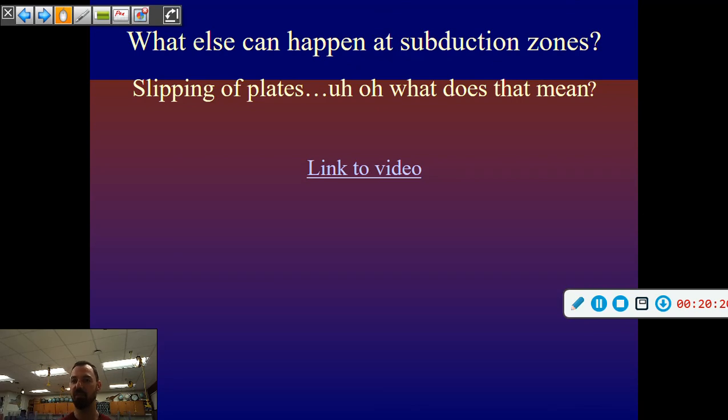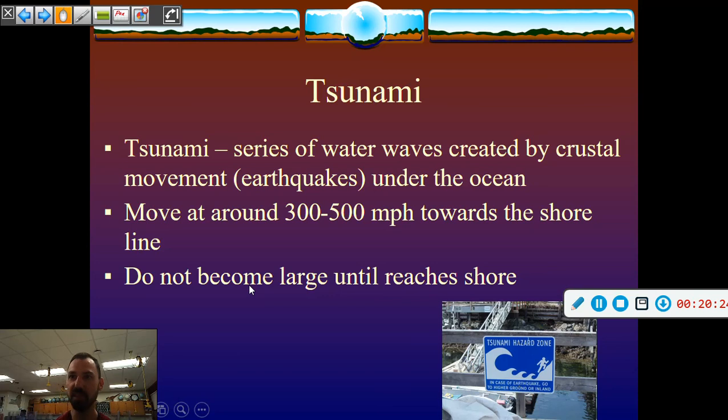Okay, and it's not just one wave, it's a series of waves. Okay, so it's a series of water waves created by crustal movements, earthquakes under the ocean. Also landslides can trigger them if they're large enough. They move around 300 to 500 miles per hour towards the shoreline, so you must act quickly. They do not become large till they reach the shore.